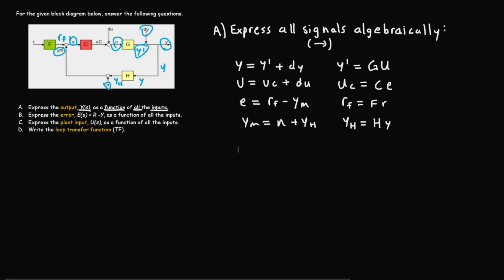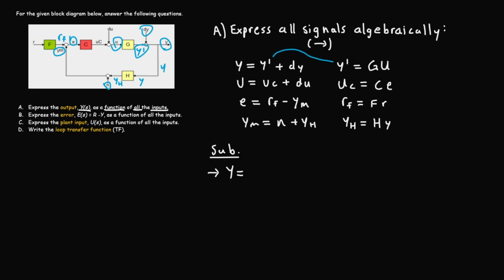So now we have essentially defined all of the signals algebraically. And now the next step is to pretty much combine these equations by using substitution. So for example, taking a look at the first equation on the top left, we have y equals y prime plus dy. And we have an expression that defines y prime, which is g times u.